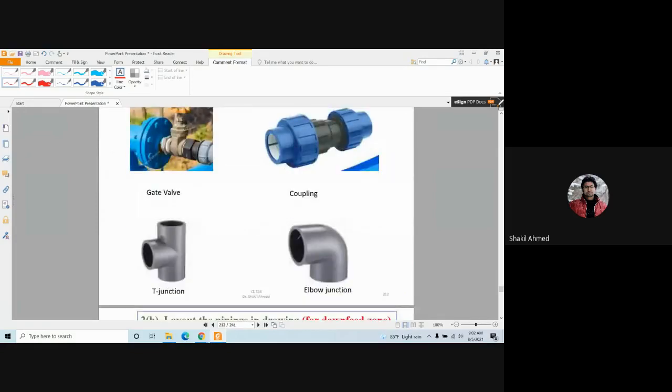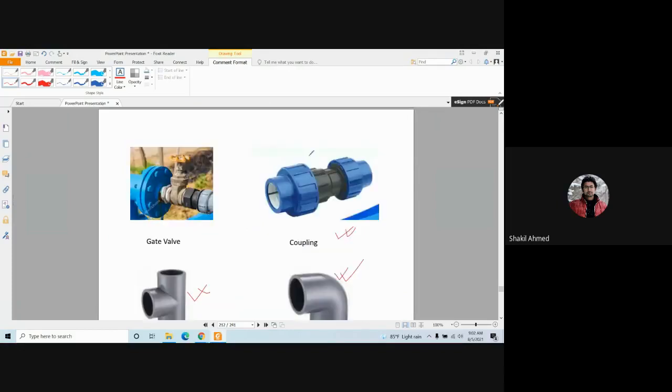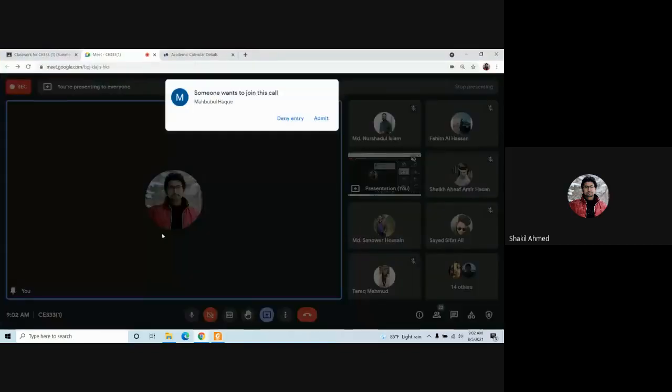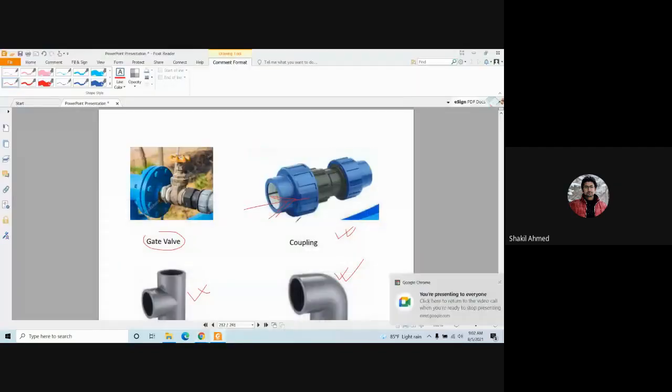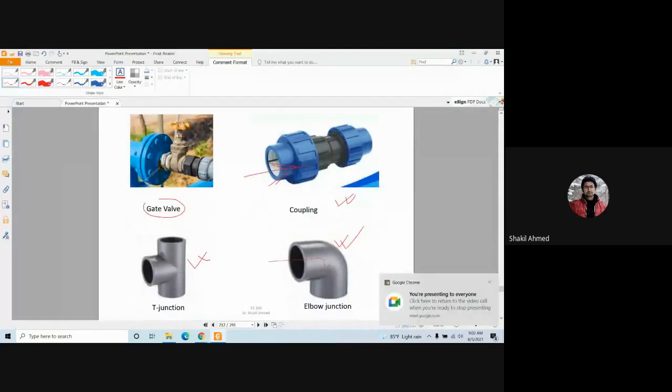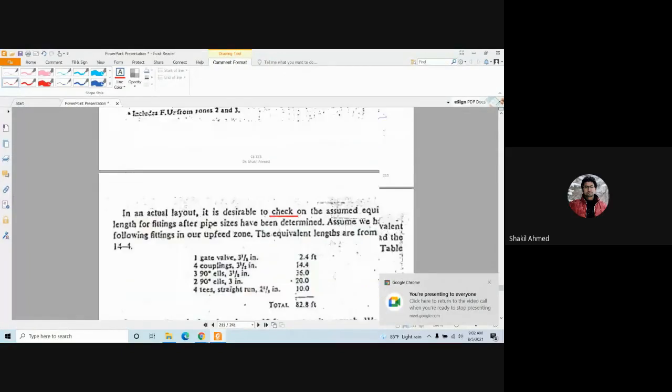For example, this is an elbow. This is a T junction, right? This is coupling. Did you see? And this is gate valve. So in these fittings, whenever the water tries to flow, due to this undulation, there will be frictional loss. Here there will be loss. Here there will be loss. Okay.